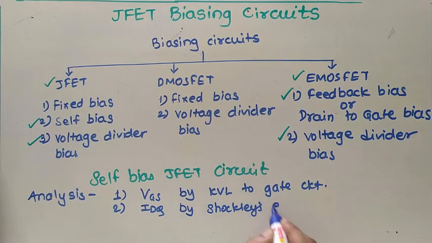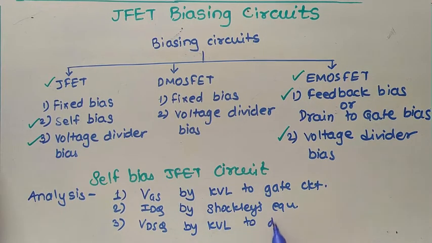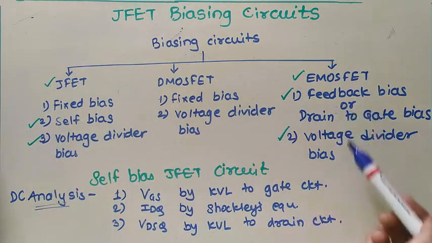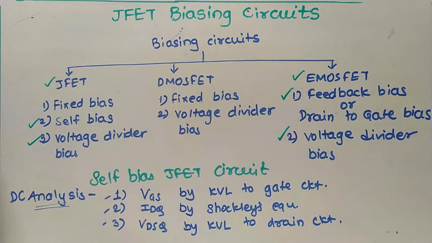Shockley's equation, I will write down here like this, and in third step we have to calculate VDSQ by applying KVL to drain circuit. So this analysis is called as a DC analysis. For DC analysis of this self bias or voltage divider bias or other biasing circuits, we have to follow these three steps.